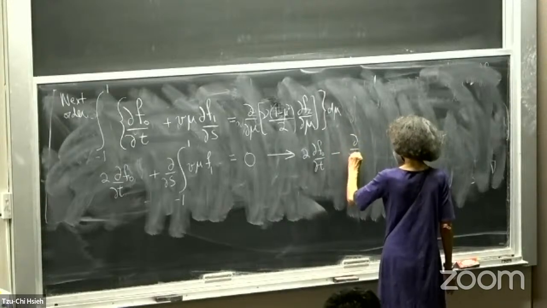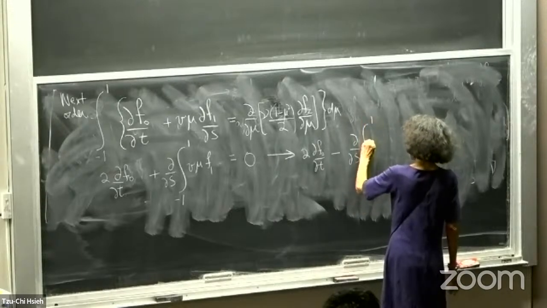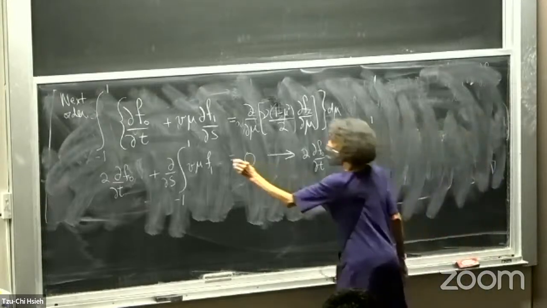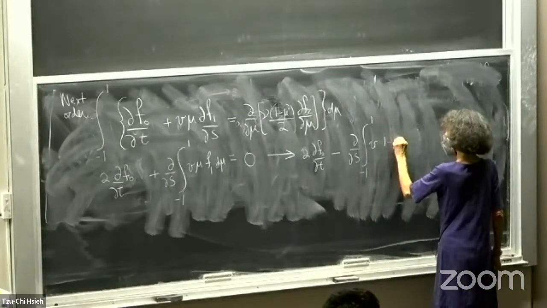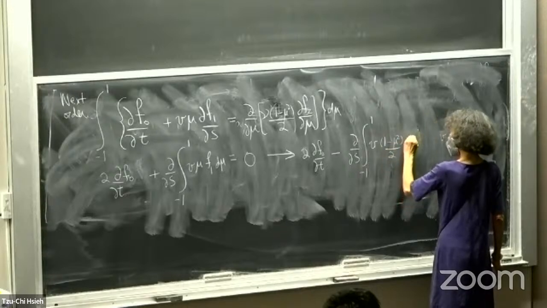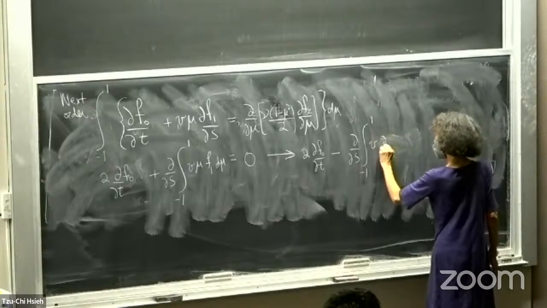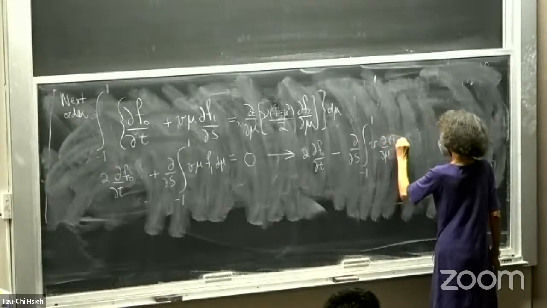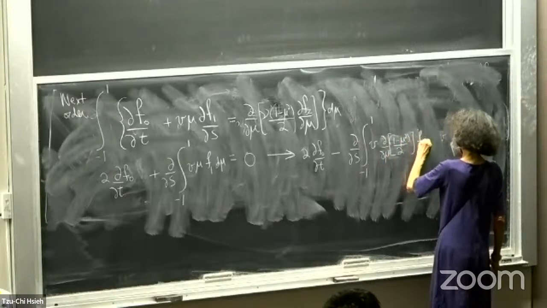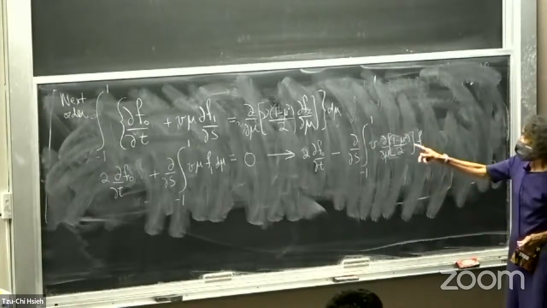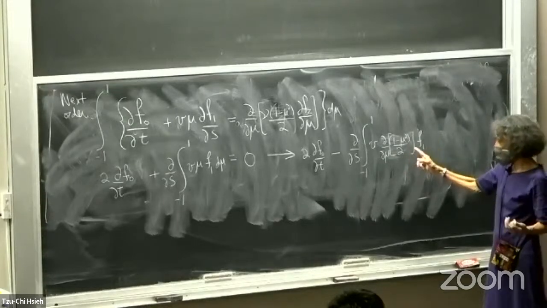Minus, we write this as minus d/ds integral from -1 to 1 of v, this is d mu, (1 minus mu squared)/2 d/dmu of (1 minus mu squared)/2 F1, because the derivative with respect to mu of (1 minus mu squared)/2 is just minus mu.